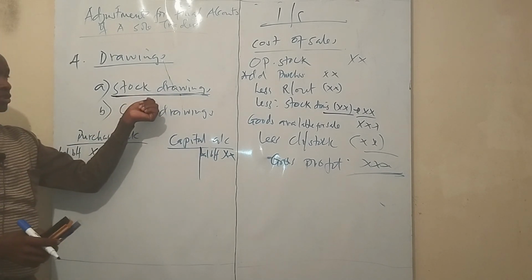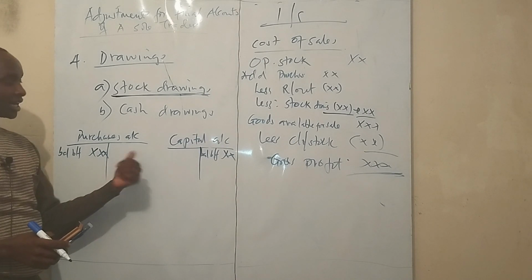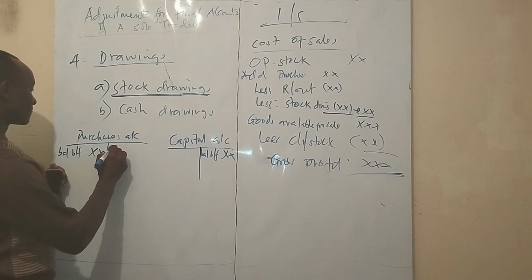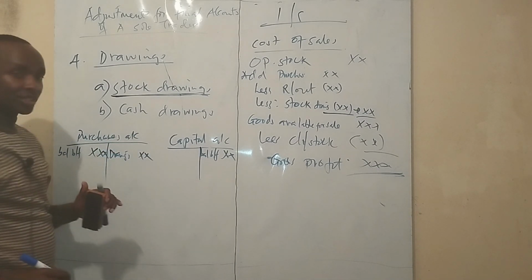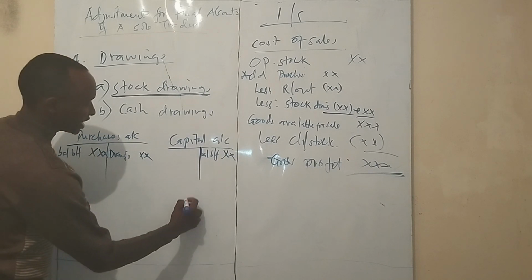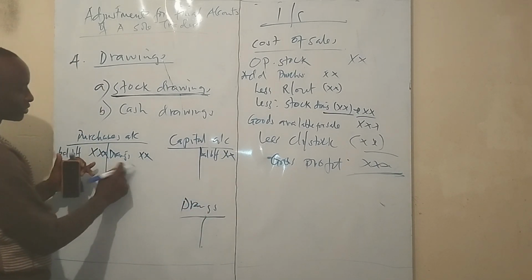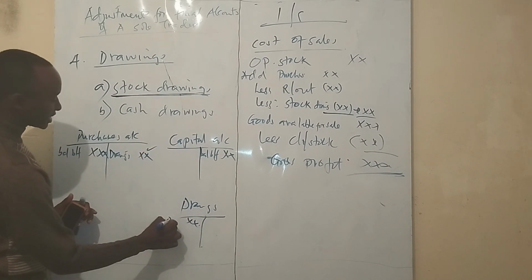But we are drawing stock. Drawing stock means we are reducing this purchases account, and it is also affecting the capital. So yes, you're going to say the drawings on this side are going to reduce, and also drawings, you can decide and open the drawings account. Yes, and you complete the double entry. This one is credit. This one will come on this other side, purchases.